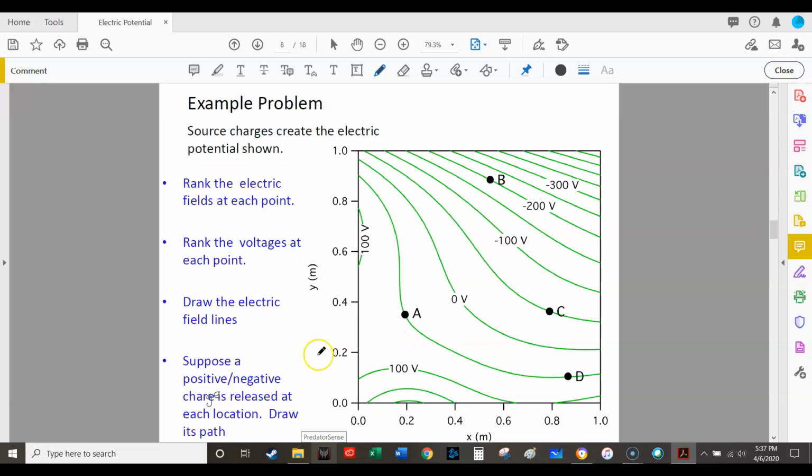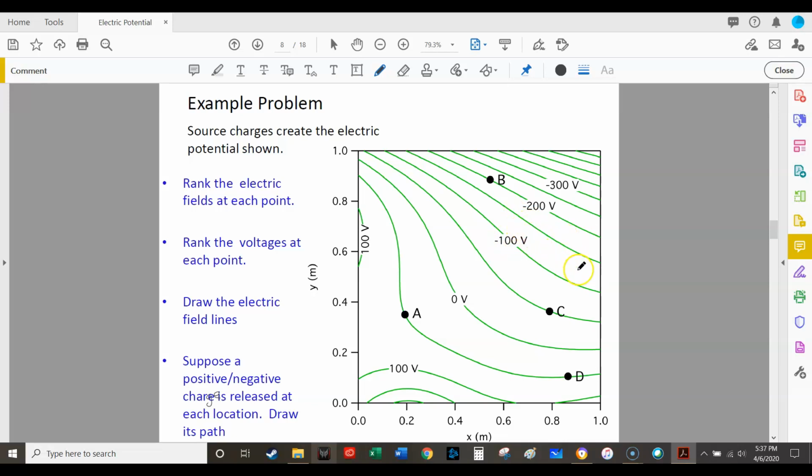So let's go ahead and rank the voltages. Well, A and D, in order to do that, we need to figure out what the voltages are. So we don't know A and D's voltage, but we can figure that out. So you have negative 200 volts and blank and negative 100 volts.